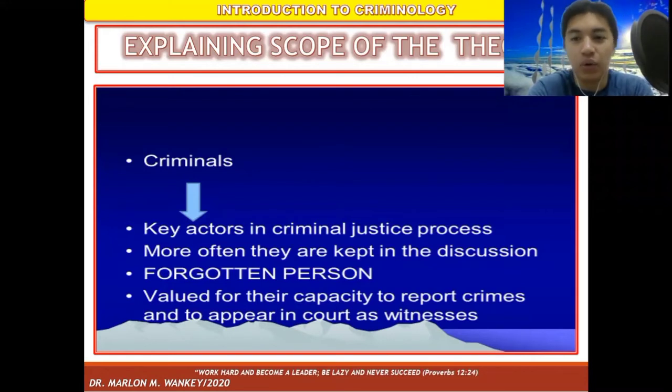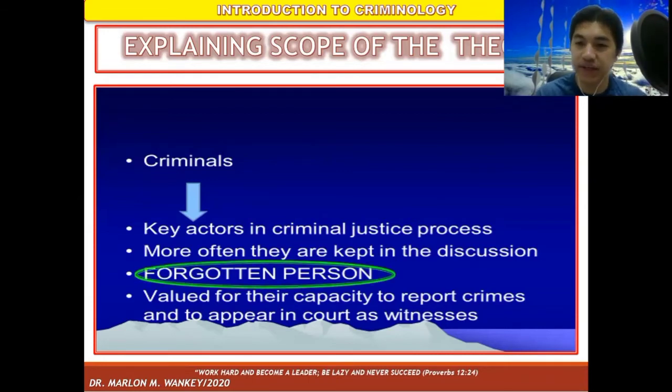So there will be an examination pertaining to proving the crime and all allegations against the accused, and the accused will also try to defend himself and to prove that he or she is not guilty of the crime charged against him. Okay. However, the victim is considered a forgotten person.